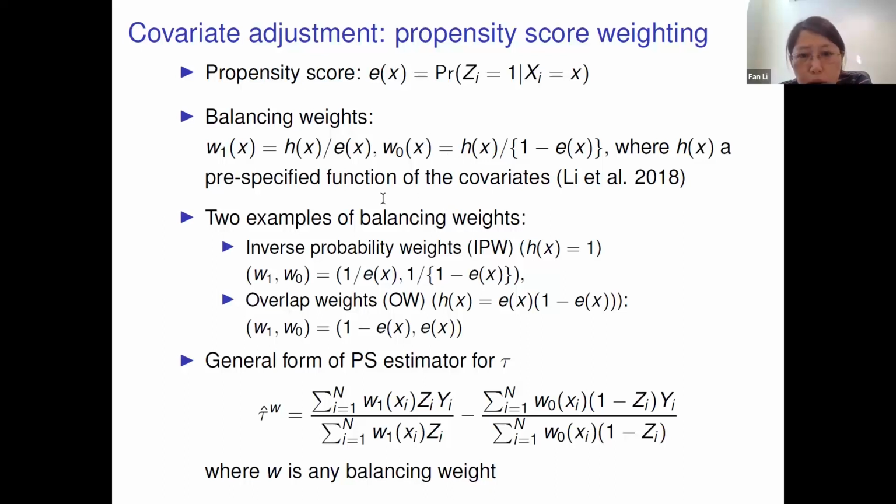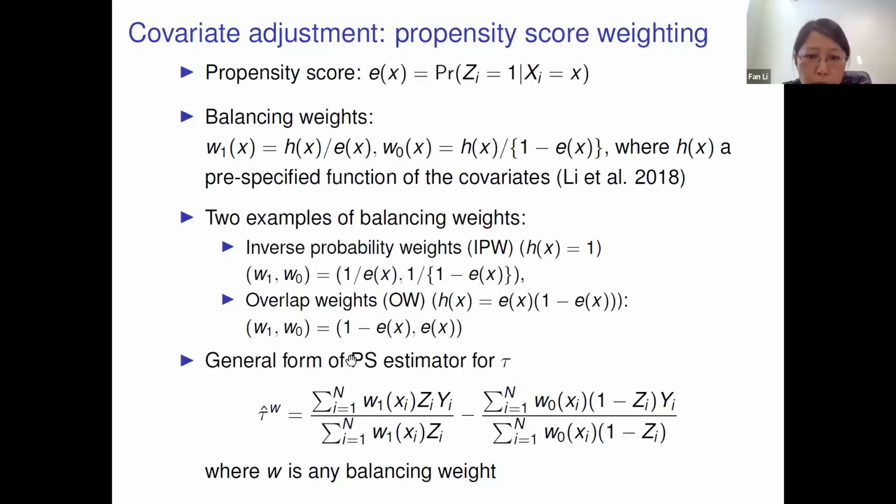Let me give you two prominent examples. The first, which everyone knows, is IPW, where h(X) is just equal to 1. That's our old friend IPW. And if h(X) is e(X) times 1 minus e(X), this is called overlap weights. It's something I have developed over the last 5 years. Basically, each unit is weighted by the propensity of being assigned to the opposite group. Both are just examples of balancing weights.